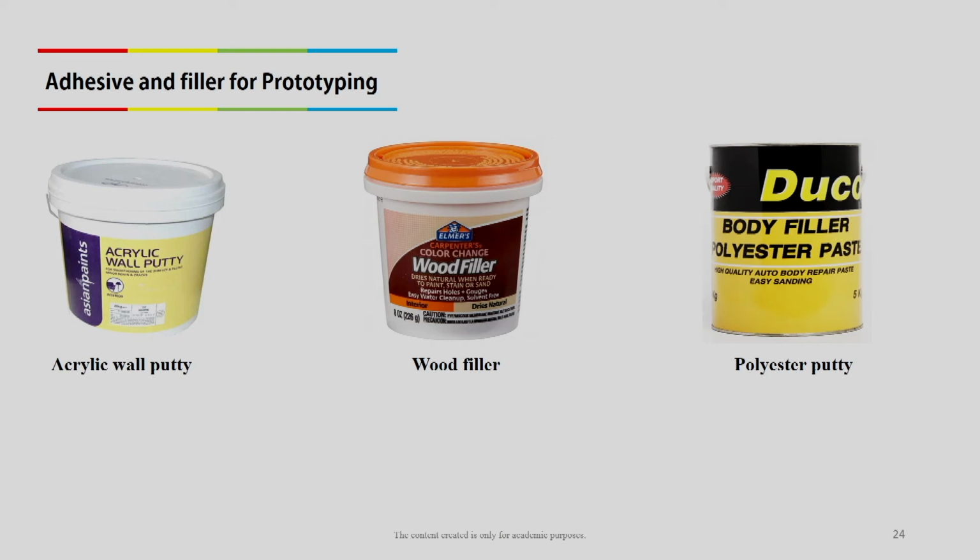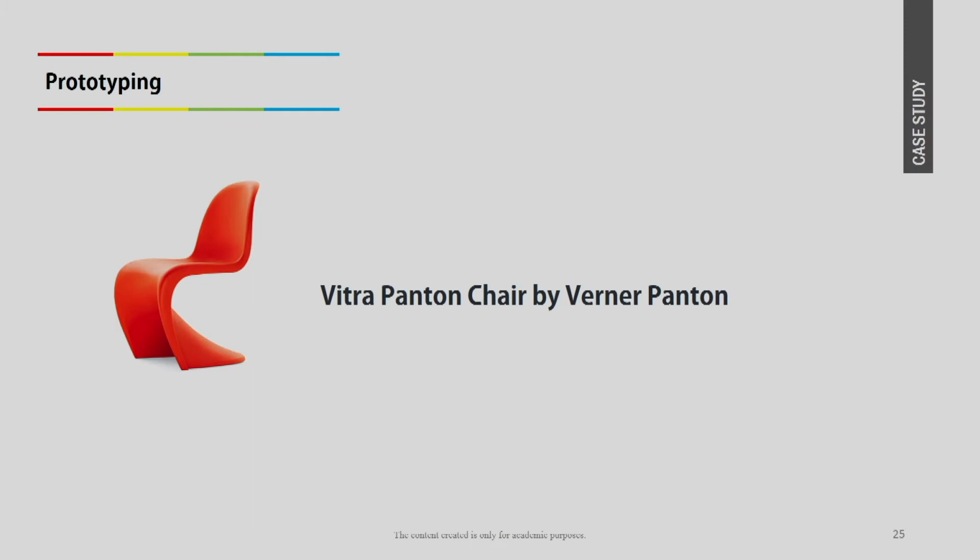It cannot be used on top of thermocol, because you have to mix thinner with polyester putty, and if you apply polyester putty on top of thermocol, it will burn the thermocol. So, while working with thermocol you have to use acrylic putties. Now, let us see different case studies.